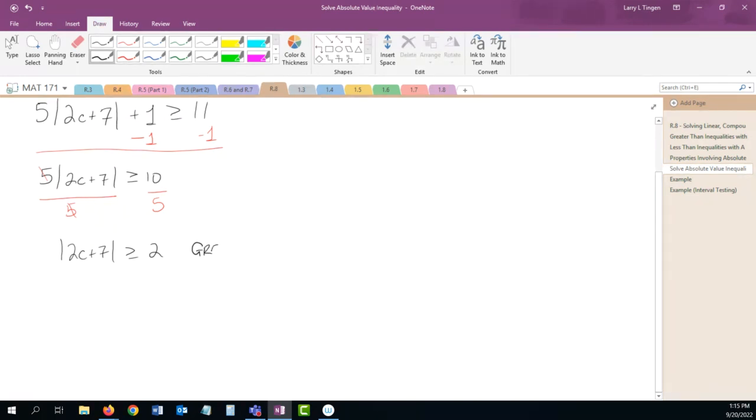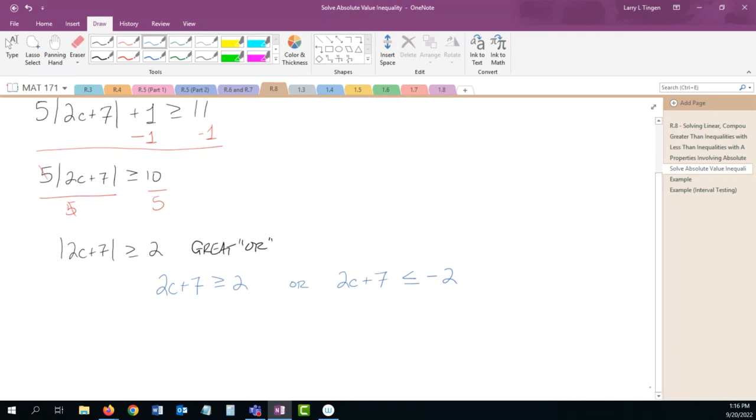That is a greater, and when I have a greater, it means I've got 2 things going on. Either the absolute value is exactly what it says: you just rewrite what's inside the absolute value, leave the inequality alone, and leave the right-hand side alone. Or it's the exact opposite: what's inside the absolute value stays exactly the same, the inequality changes direction, and the sign of the other side changes. Solve both of these individually.